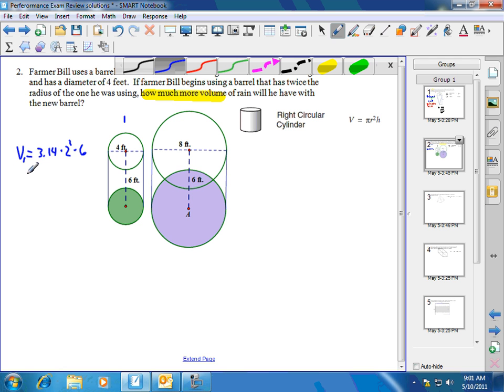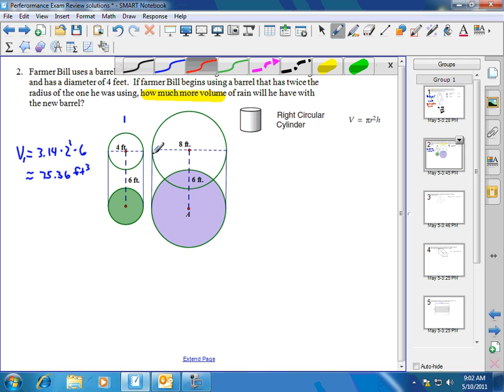So the volume of cylinder 1 is approximately 75.36, and that's in feet, and volume is cubic, so we've got cubic feet.